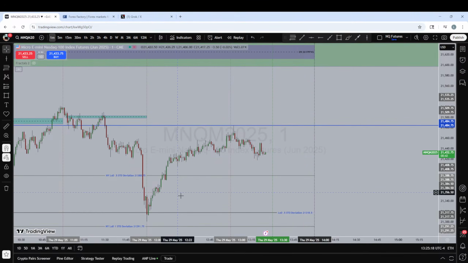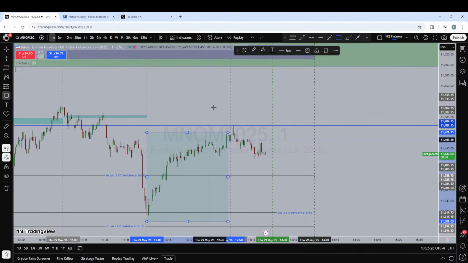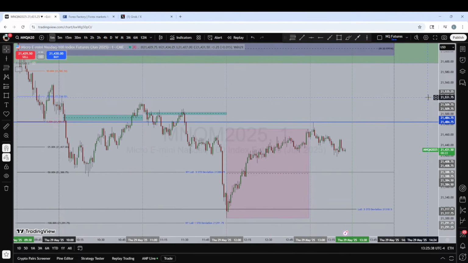This is the lunch hour that just passed. It may seem like a lot on my chart, but everything's got a purpose. I know what everything is.